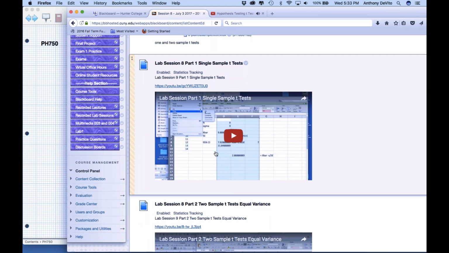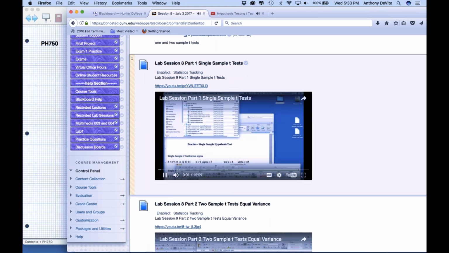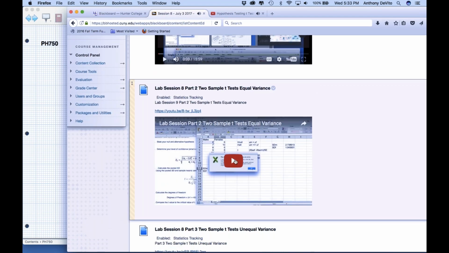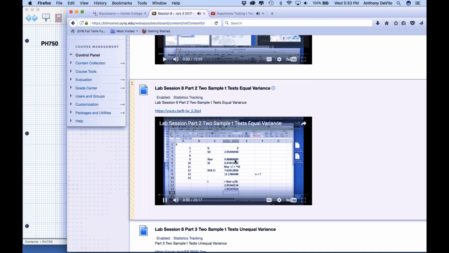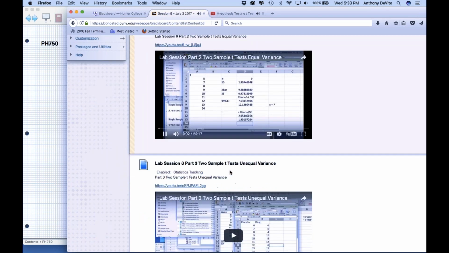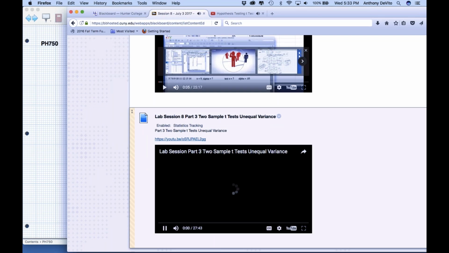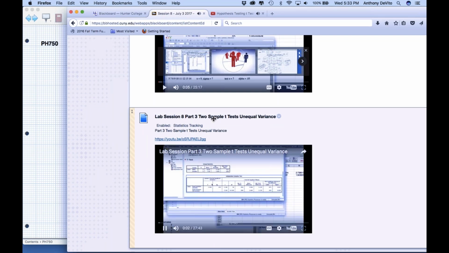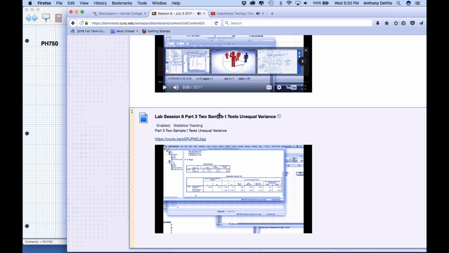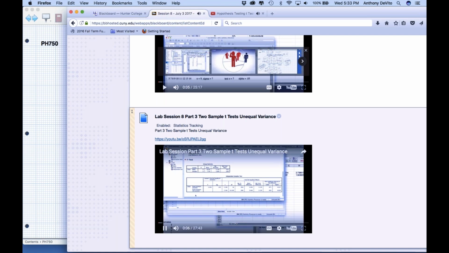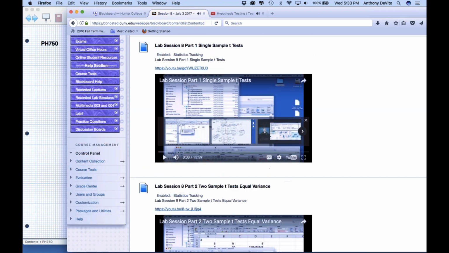This video is 15 minutes long, which is a single sample t-test. This is a video which is 25 minutes long, which is a two sample t-test with equal variances. And this is another video which is 27 minutes long, a two sample t-test with unequal variances. So you can look at either one of those.